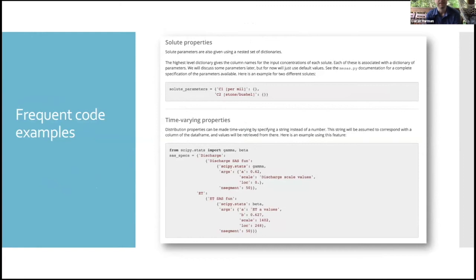There are frequent code examples throughout the course. So there are lots of these little copy and paste code snippets that you can use, and explanations for how they work.